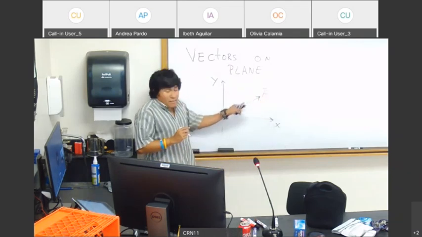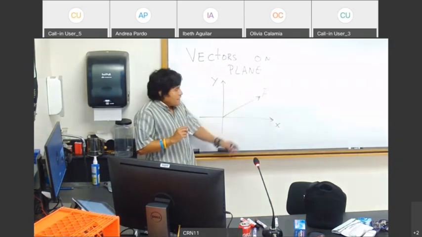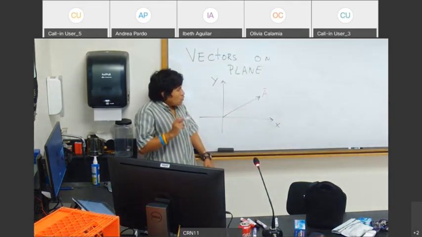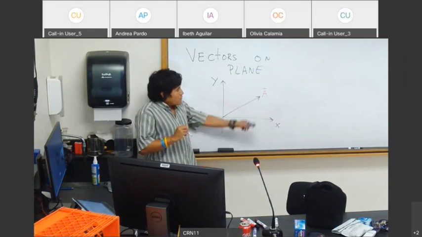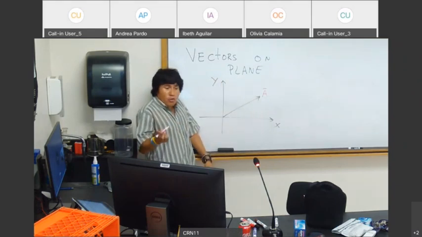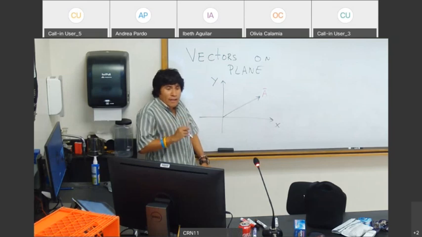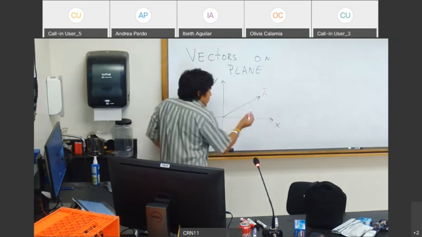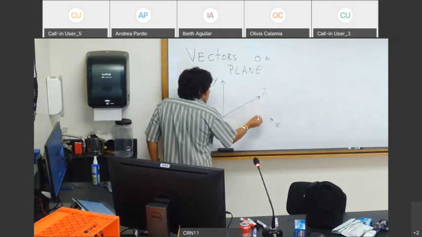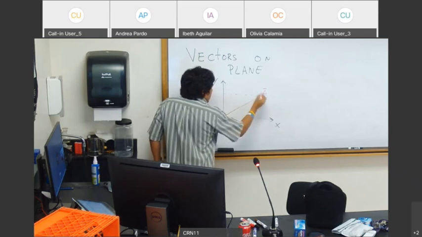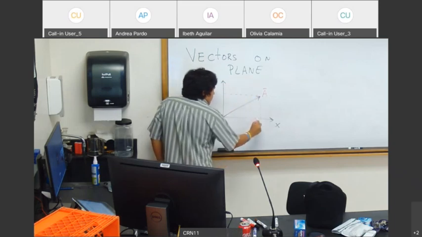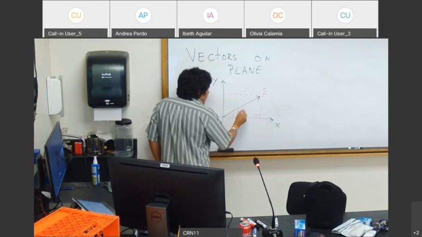When you have a vector like this, you have to find a way to express that vector in terms of x and y. And fortunately, there is already a way to do that. What we do is we draw this. We have here a right triangle.